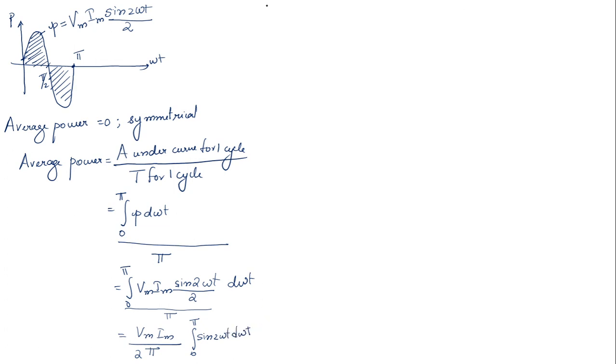What is the integral of sine 2 omega t d omega t? You can take the constants outside again, that is Vm Im divided by 2 pi. Integrating sine 2 omega t you will get minus cos 2 omega t divided by 2. Why?